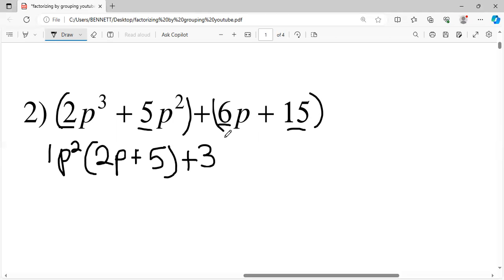We just put the 3 alone, and then we divide 3 into 6, that goes 2 times, and we put the p, 3 into 15, that goes 5 times. You can know that we're on the right path because you get the same thing in both brackets. So we're going to pull out this 2p plus 5.